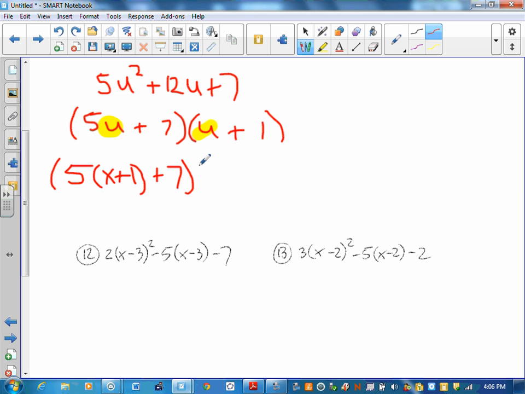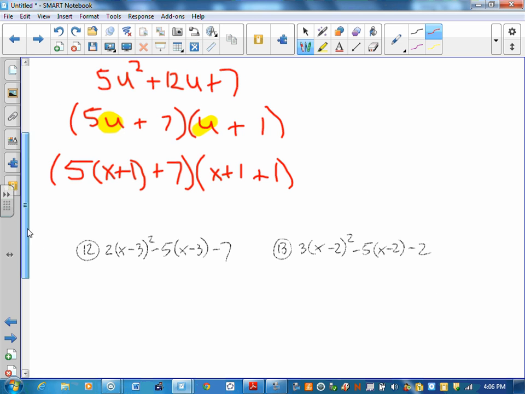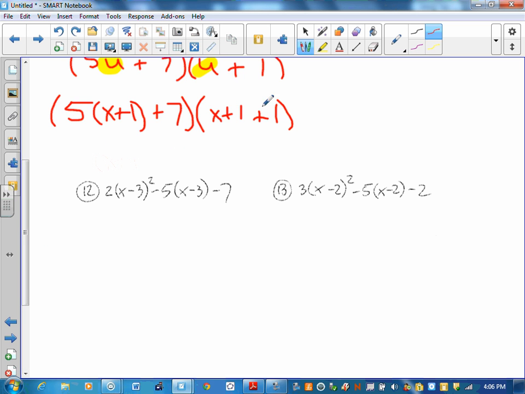left parenthesis, right parenthesis. Or no, right parenthesis, left parenthesis. My lefts and rights mixed up. And then X plus 1 plus 1. Now, we simplify this. These simplify out at different levels here, a little more complicated, but pretty easy. So we should have X, and of course, 1 plus 1 is 2.